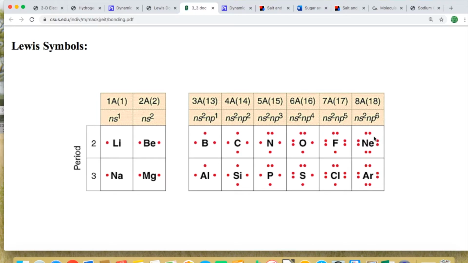Only for neon do we have a closed shell. That outer shell is a full shell. It can't have any more electrons in it. The non-reactivity of neon comes down to it having that full outer shell. So that's what I'd like you to know about that part of your notes.